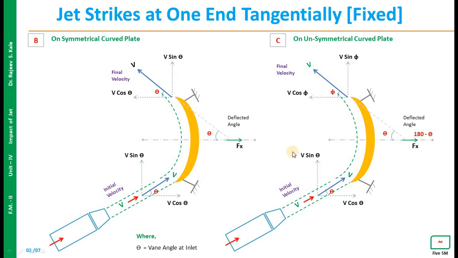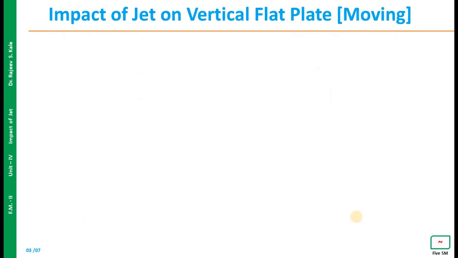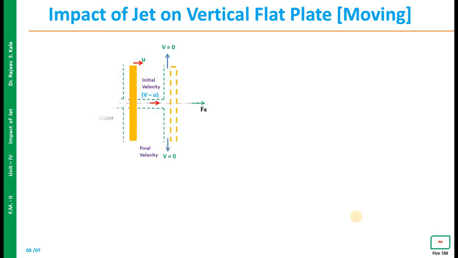Now in practical situations like centrifugal pumps and turbines, these plates or blades are moving. So we studied 5 situations with a fixed plate. I will discuss the impact of jet on moving plates. Again these 5 situations. Vertical plate. Now the plate is not fixed.